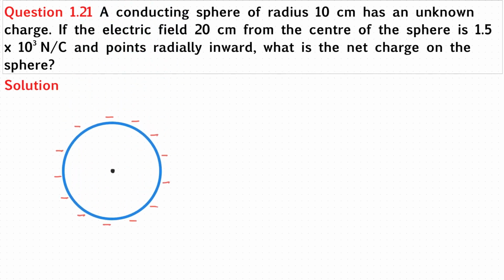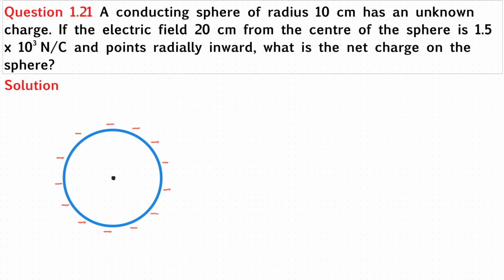Let me bring a figure here to solve this. Here is the sphere, and as it is said that it is having a radius, let me call it capital R. This capital R radius is given as 10 centimeter, and the electric field is given at 20 centimeter.